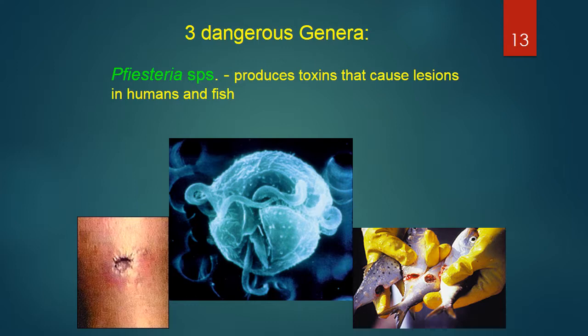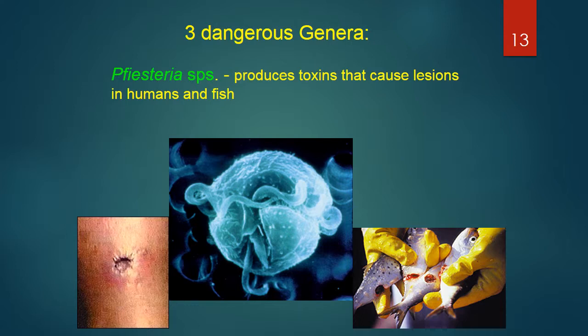They finish sexual reproduction by forming cysts that fall out of the Pfiesteria and into the water column. So they're dangerous to fish and humans. Their populations tend to bloom when there is a lot of extra nutrients in the water, particularly phosphorus and nitrogen.